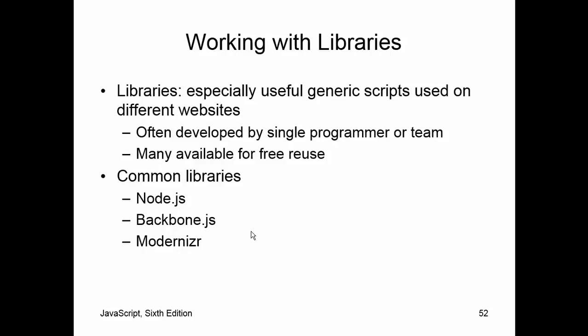Just like a library is full of books, a code library is full of functions and routines that you'll be able to use, all right, on an as-needed basis. There are libraries that have also been written too. We'll look a little bit at Node.js and Backbone and Modernizr and jQuery.